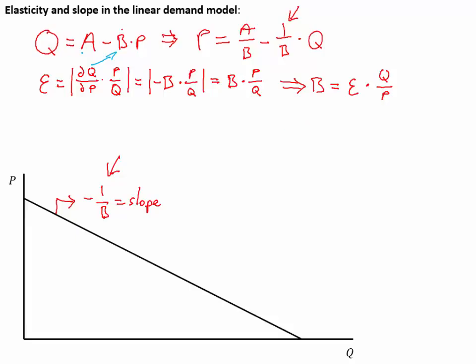Obviously, if we can come up with a formula for B as a function of the elasticity, we can simply flip it on its head, and we have 1 over B as a function of the elasticity. It's just 1 over the elasticity times P over Q.